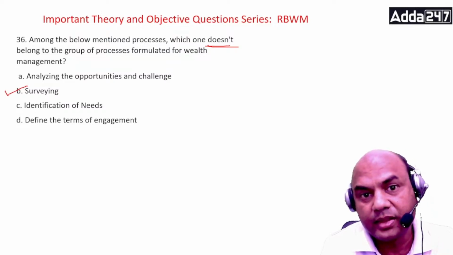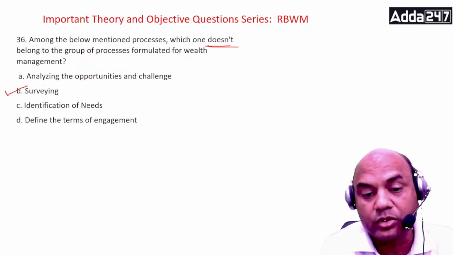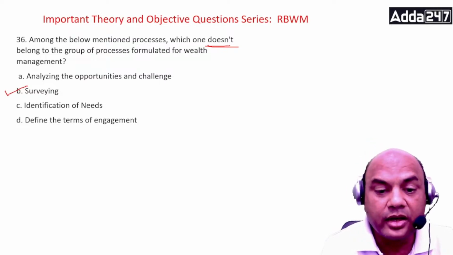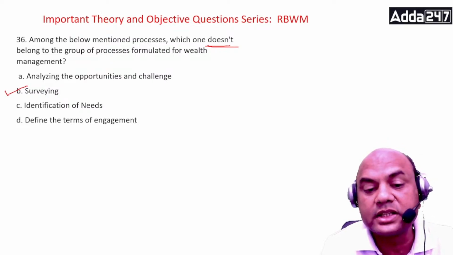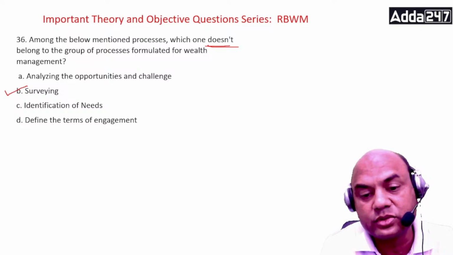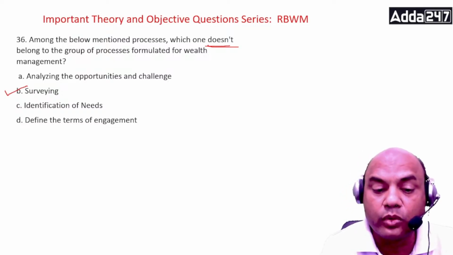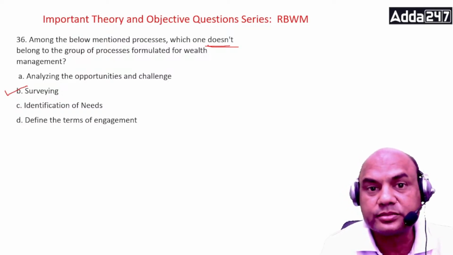Then report preparation. And the last one is opportunities and challenges, meaning we agree to solve these opportunities and challenges for the client so that the overall process goes well.